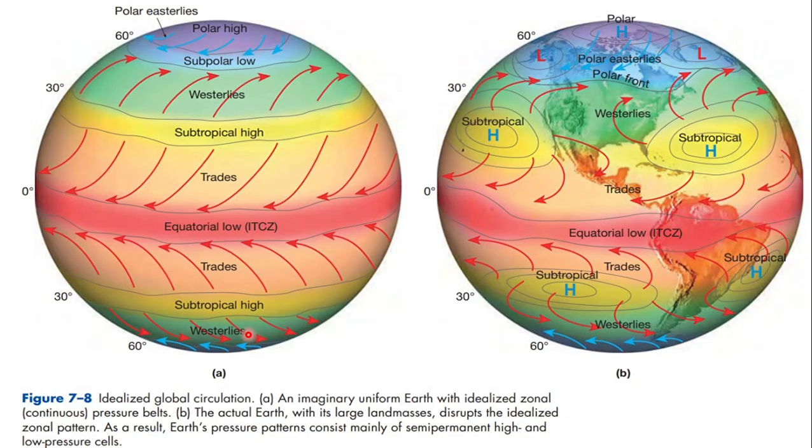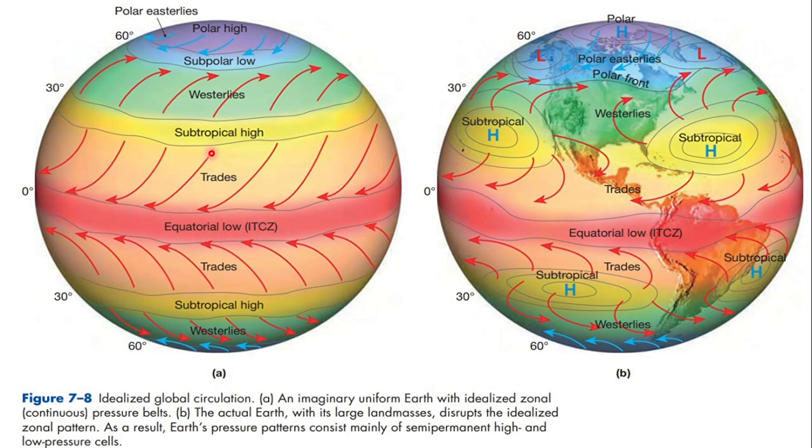So see this part. Why right or left? Assume this is the 0 degree equator. Above the 0 degree equator is the northern hemisphere, and below is the southern hemisphere. Focus on this wind. This is the subtropical high, and wind blows from high to low pressure. This is the low pressure zone.